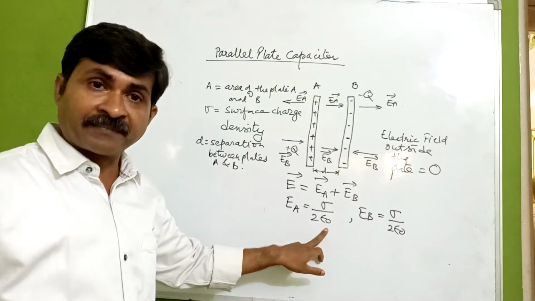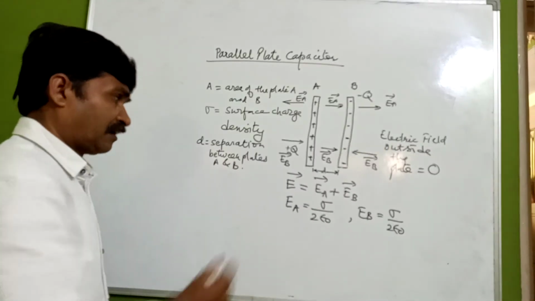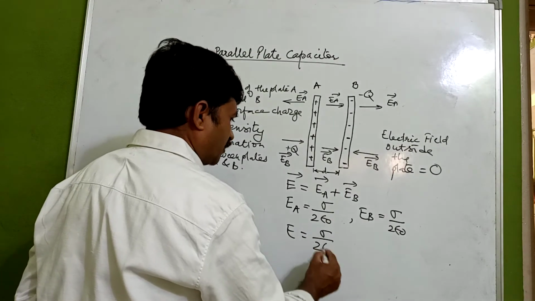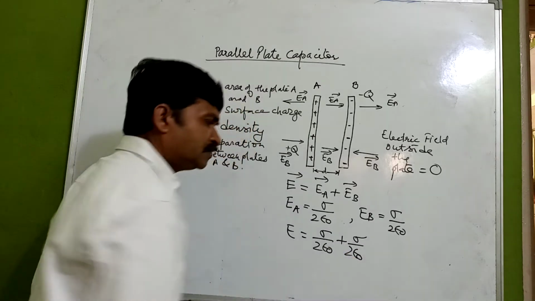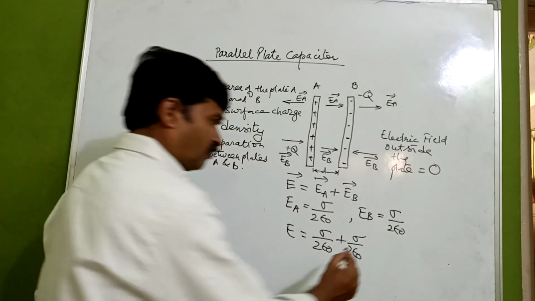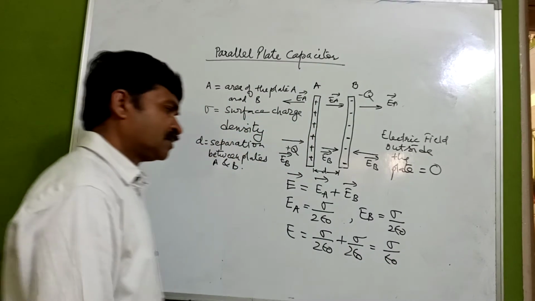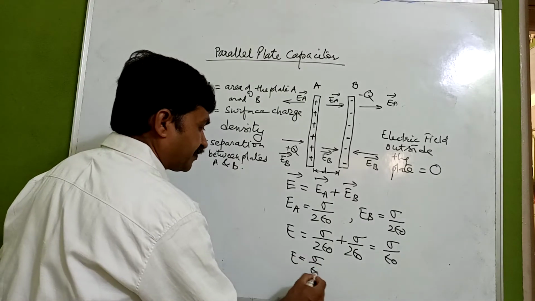Epsilon naught is the permittivity. Writing in terms of magnitude only, we get sigma upon epsilon naught. This is the electric field in terms of charge density.